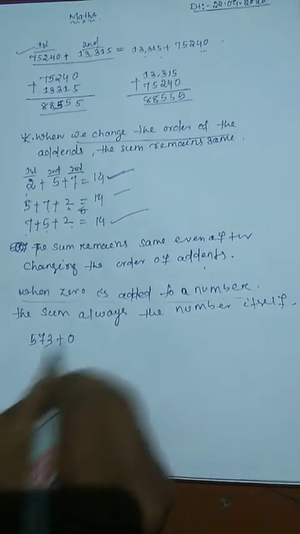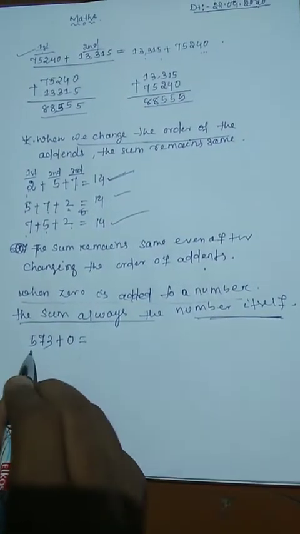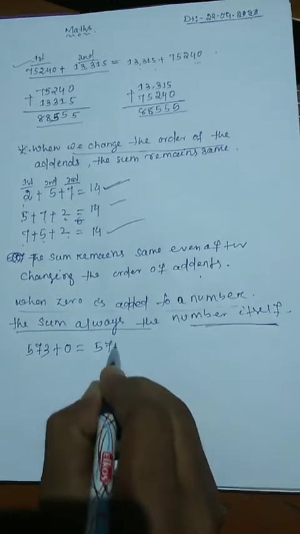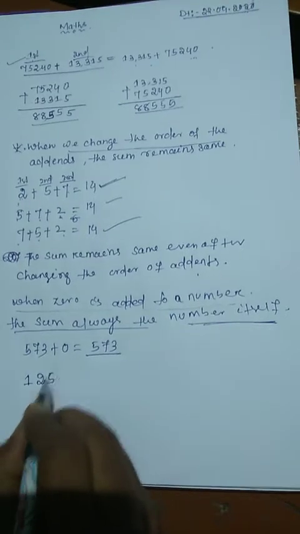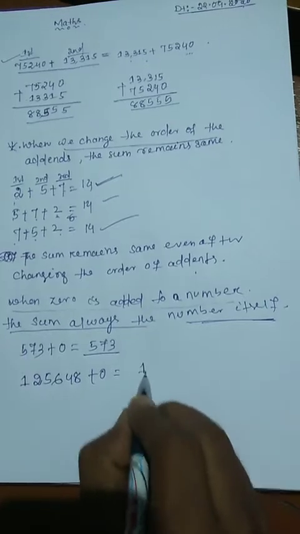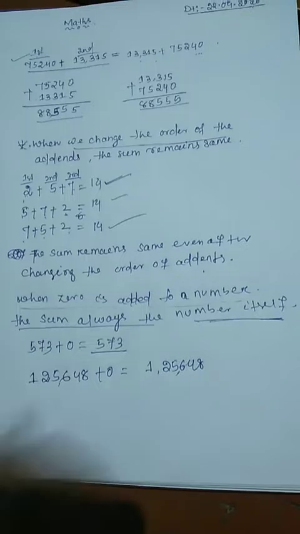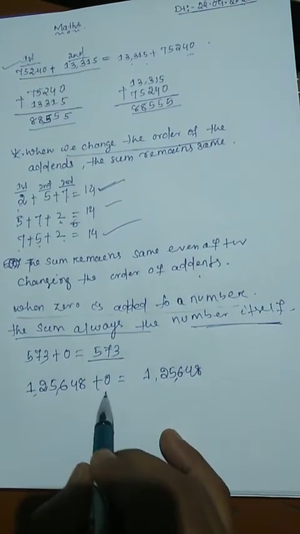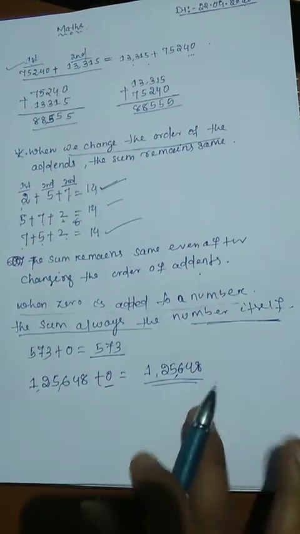If we add 0, the sum is always the number itself. That means if we add 573 with 0, the result is 573. If we add 1,25,648 with 0, the result is also 1,25,648. Whatever number you add with 0, the result will be that number itself.